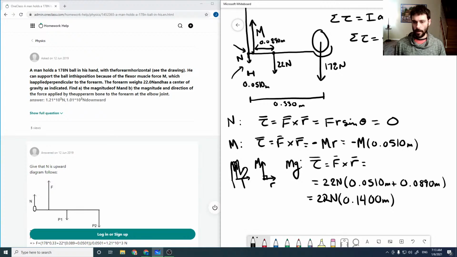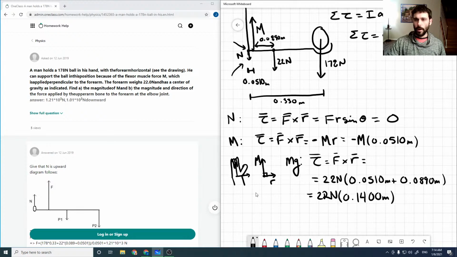Again, if we apply the right-hand rule, the force is going downward and the radius is outward, so the torque is coming out of the page, and I'm defining that positively. So this is a positive torque, whereas for M, it's a negative torque.